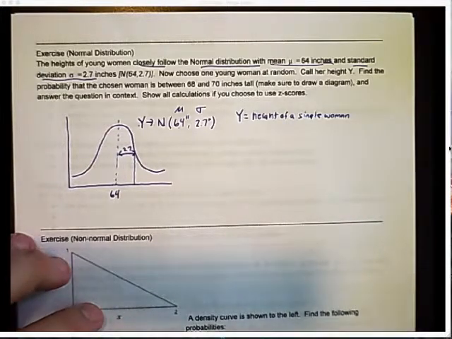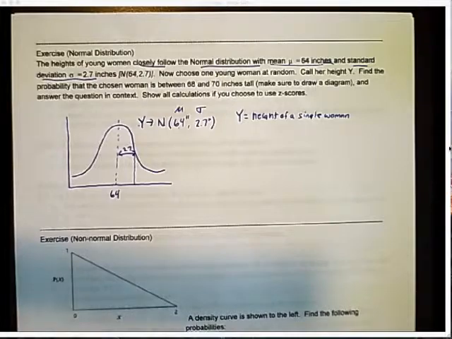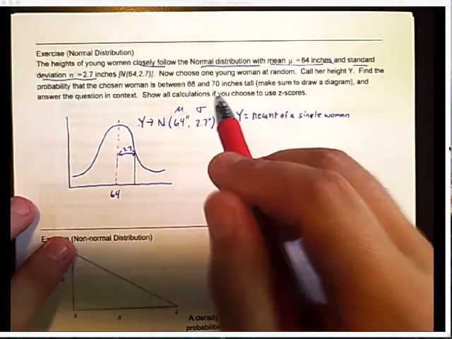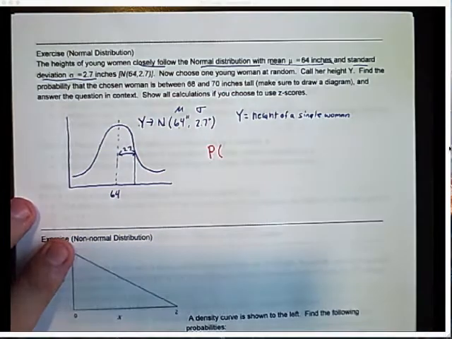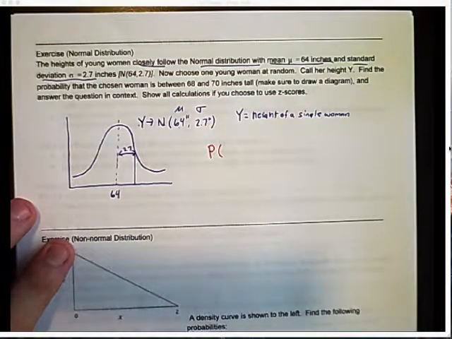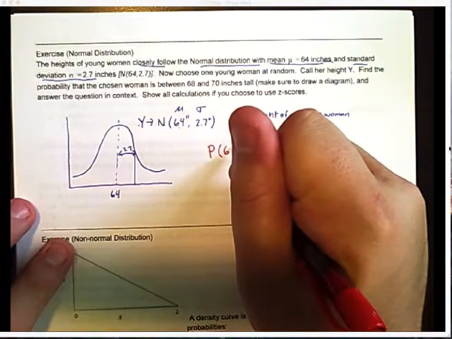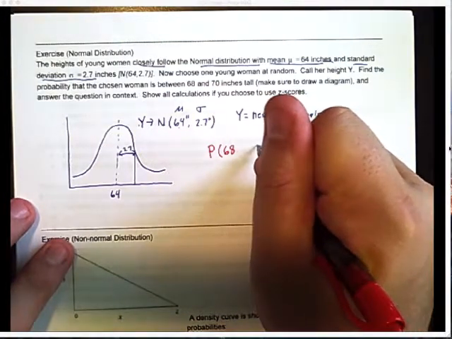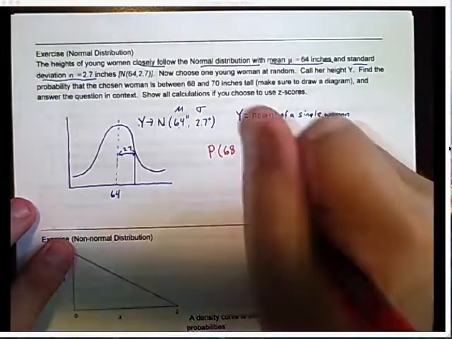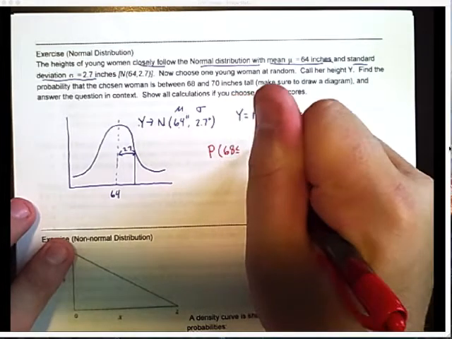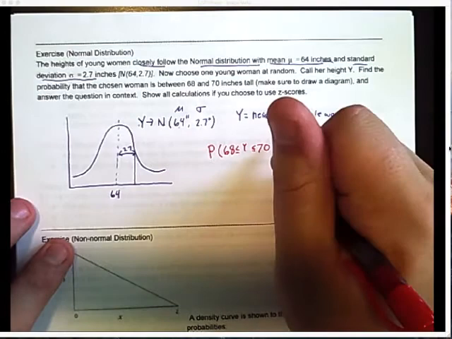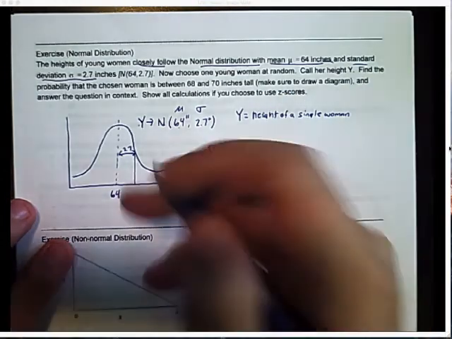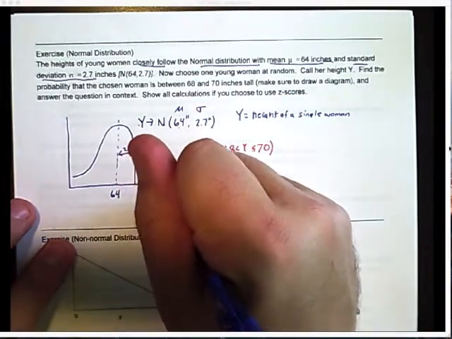Now, let's answer what the question is. It says, find the probability. So let's write it in probability notation, that the chosen woman is between 68 and 70 inches tall. So what does that mean? That means y has to be between 68 and 70, because y is our variable, so this is y.